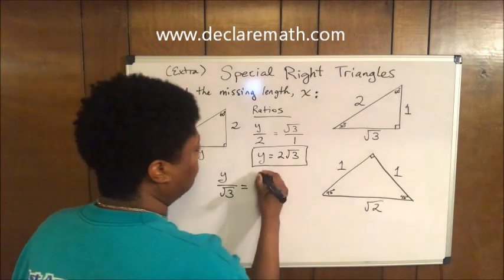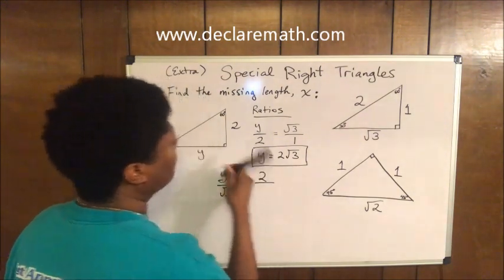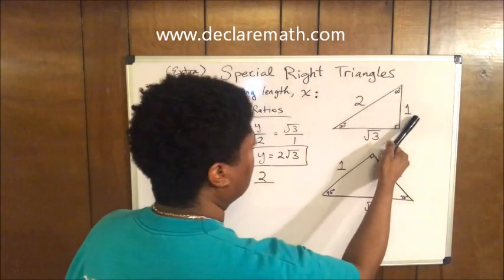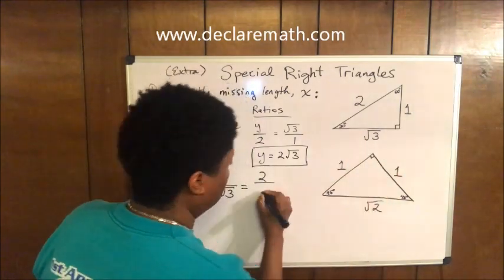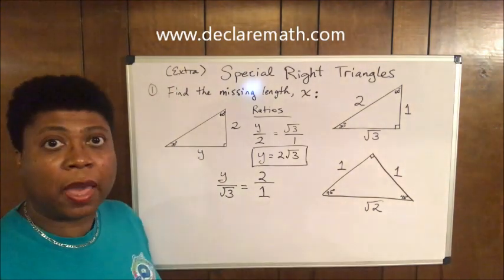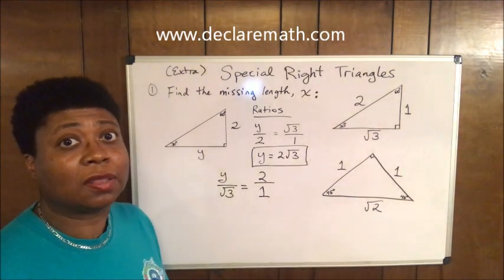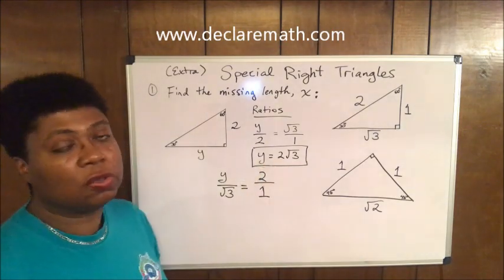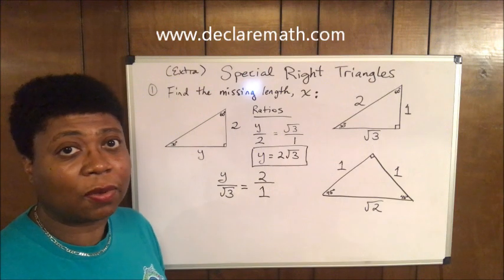So then we have 2 here, which is the side opposite of the 30, and over here, the side opposite of the 30 is 1. And when you cross multiply, notice again you get the same value that you did before. Y equals 2 times the square root of 3.